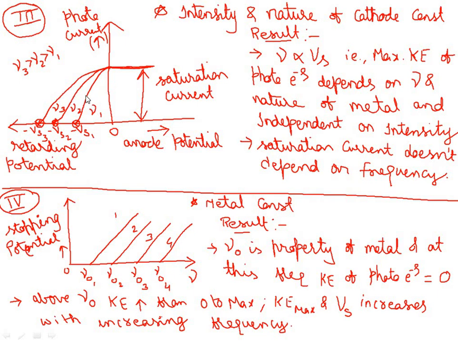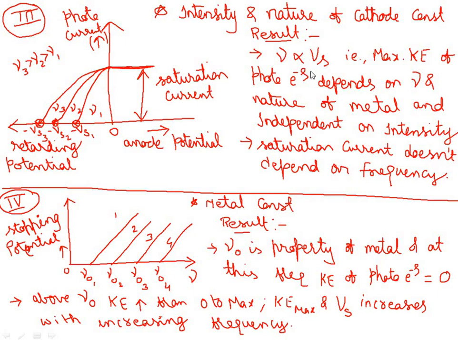So what can we infer from this? Frequency is directly proportional to stopping potential. Note here, out of all the 3 frequencies, nu3 is greater than nu2, which is greater than nu1. So nu3 is largest, and that's why the third stopping potential is more than the remaining 2. So as frequency increases, stopping potential also increases.